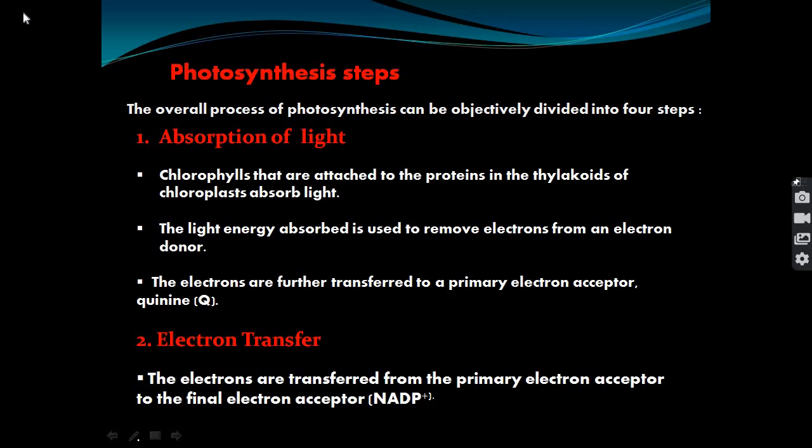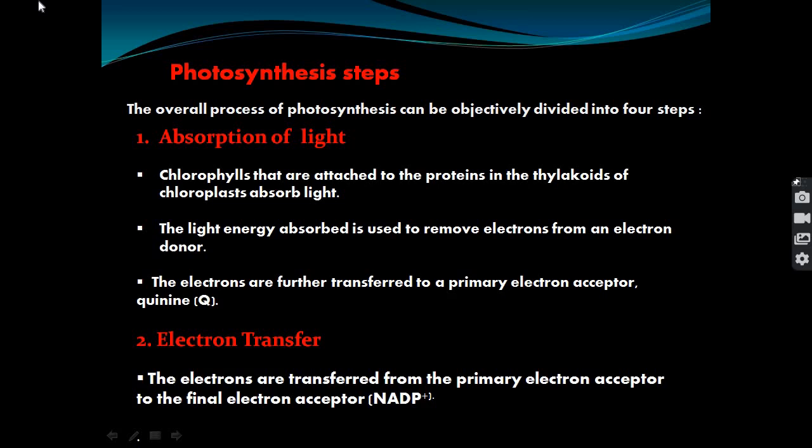Once this light energy is absorbed, it is used to remove an electron from the electron donor. This electron which is removed from the electron donor is transferred to the primary electron acceptor called quinone.